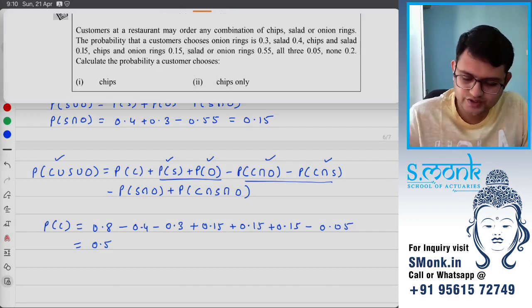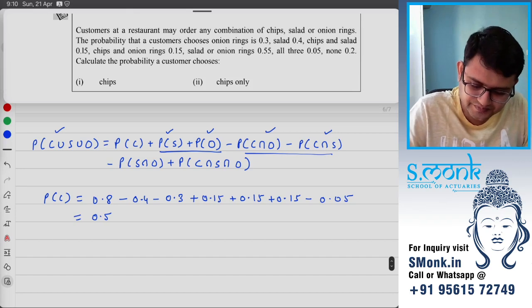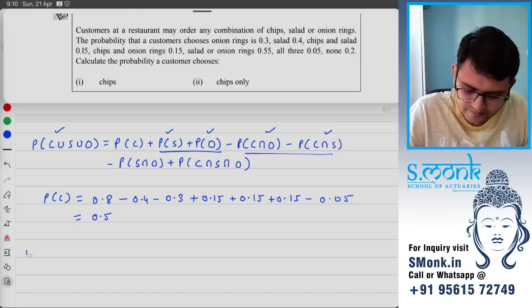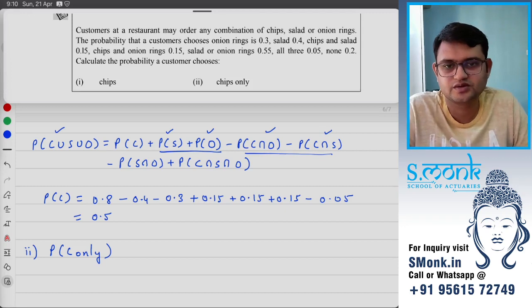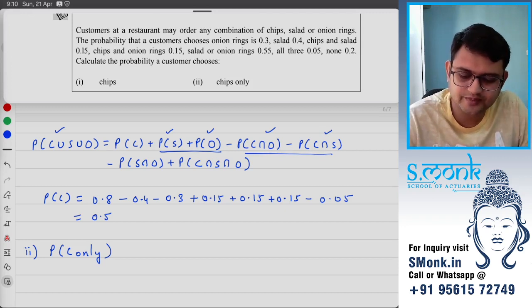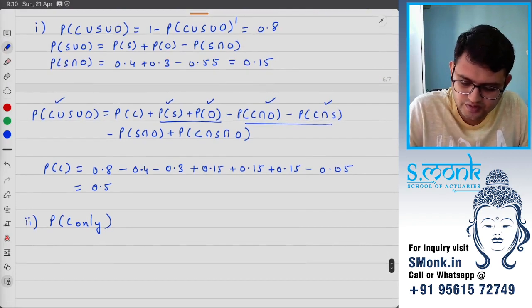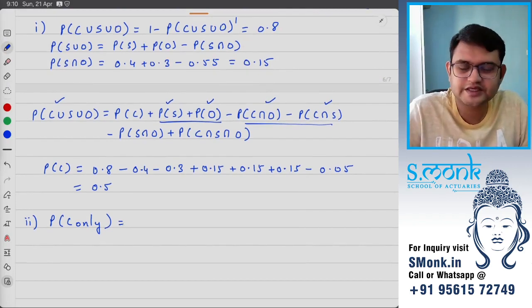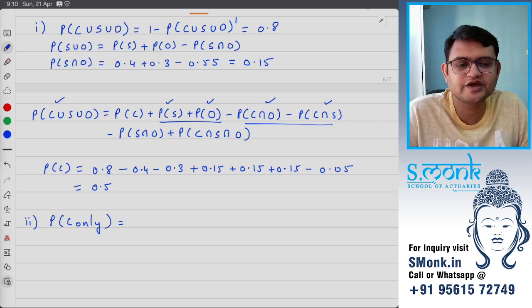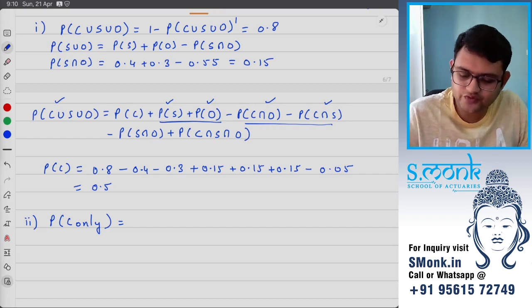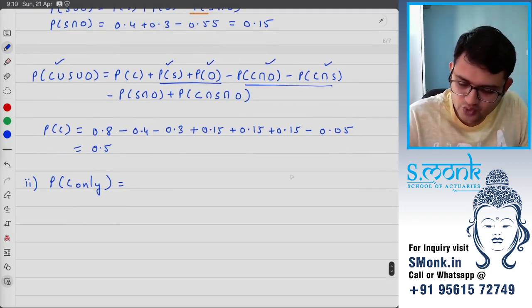Next one is chips only. The probability of chips only. Now there are many ways you can solve this, but the easiest one is figuring out which parts we have to remove to get chips only.